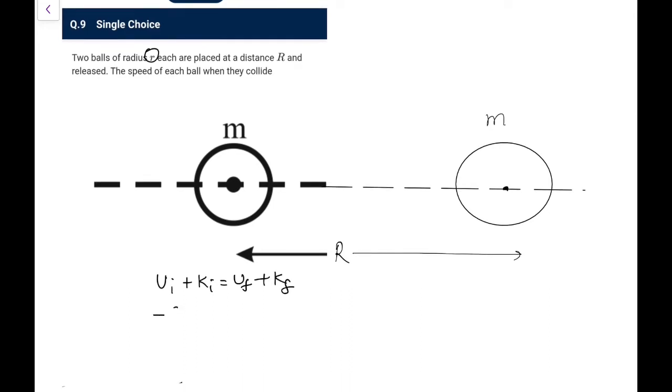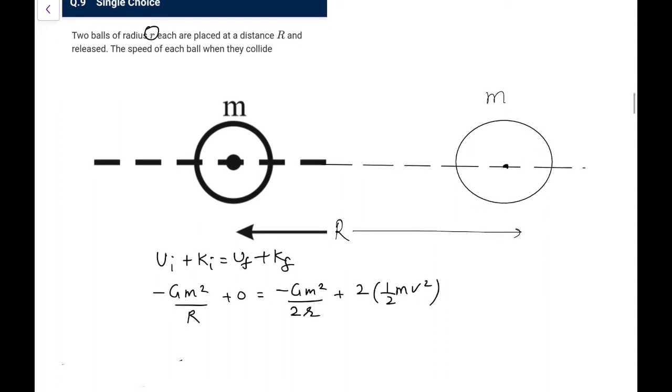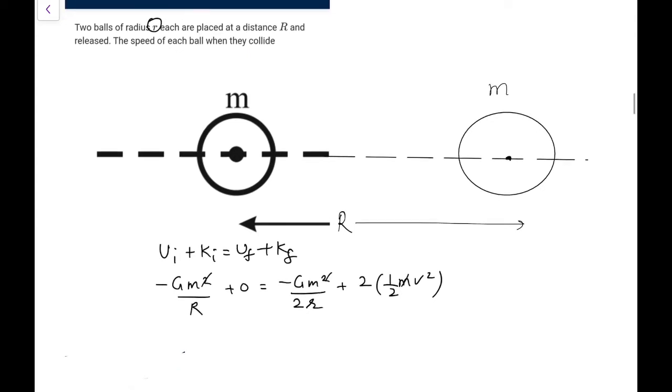So Ui I can write as minus GM square by separation r, plus initial kinetic is 0. Final would be minus GM square upon the gap, which is 2r, plus 2 times half mv square, because from symmetry both will have the same speed. So m, m, m I can cancel. What you will have is minus GM by r plus GM by 2r equals v square.